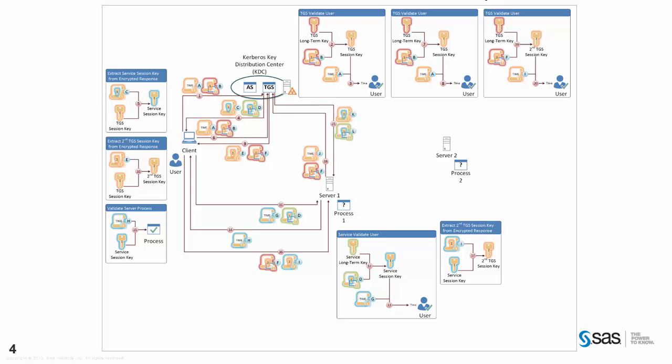The ticket granting service response, KRB TGS response, sent back to the service contains a service ticket for service 2, shown as L, and the second service session key encrypted with the ticket granting service session key from the forwarded ticket granting ticket, shown as K in the diagram.